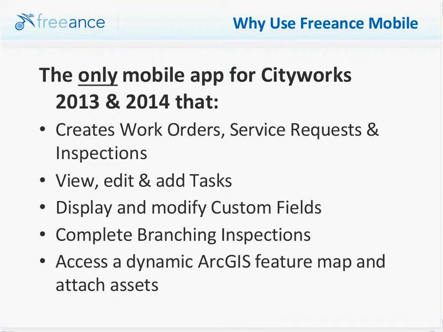Work with tasks. Display template custom fields and universal custom fields and update them. Do branching inspection. Even access an ArcGIS map service. Grab a feature and attach an asset record to it. Attach a record to that asset. So even Cityworks mobile apps in 2014 do not do this functionality.